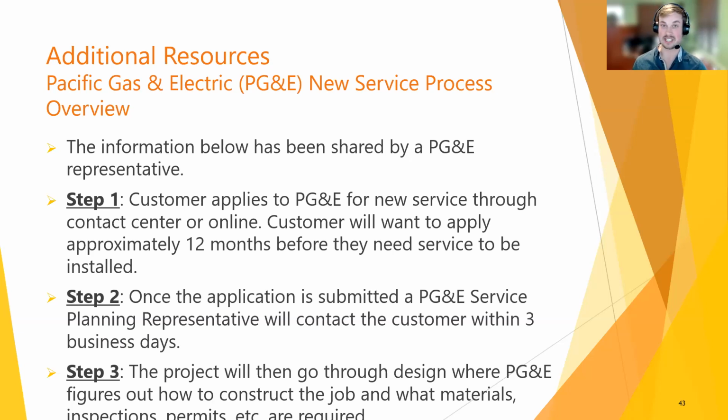So this is one of those things that once you know you're going to do it, keep in mind a full year before you're finalizing, before you're planning on having anyone move into that space. If you need a separate meter for this thing, its own electrical service, talk to PG&E. Next slide, please.